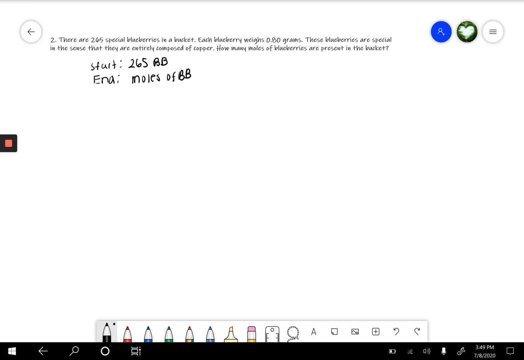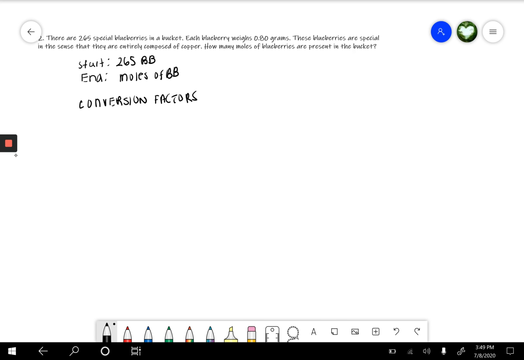Now let's talk about some conversion factors. We know that there are 265 blueberries. We know that one blueberry weighs 0.80 grams.